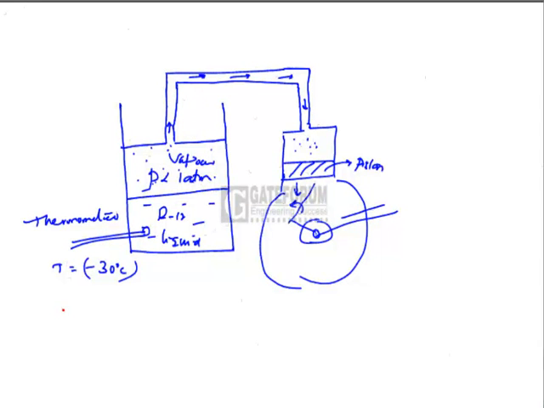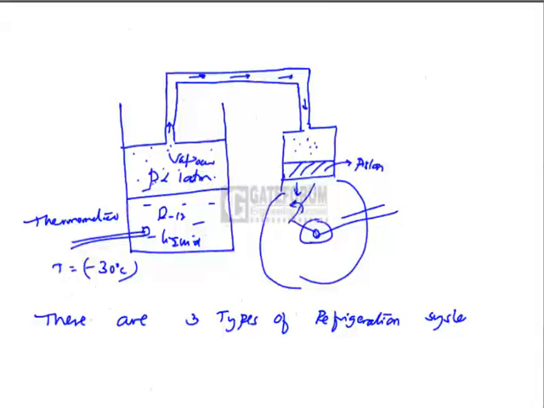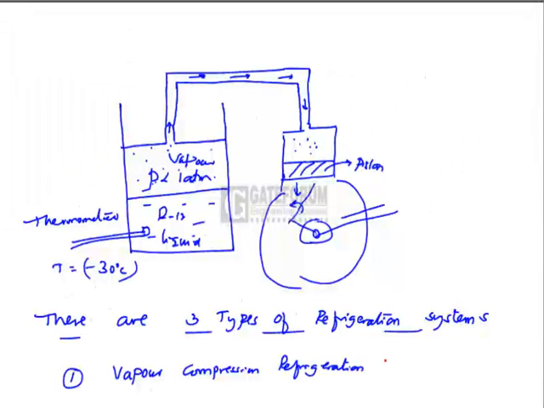Based on the above facts, any refrigeration system could be designed. Basically, there are three types of refrigeration systems, namely, number 1, vapor compression refrigeration system, which is also known as mechanical refrigeration system.